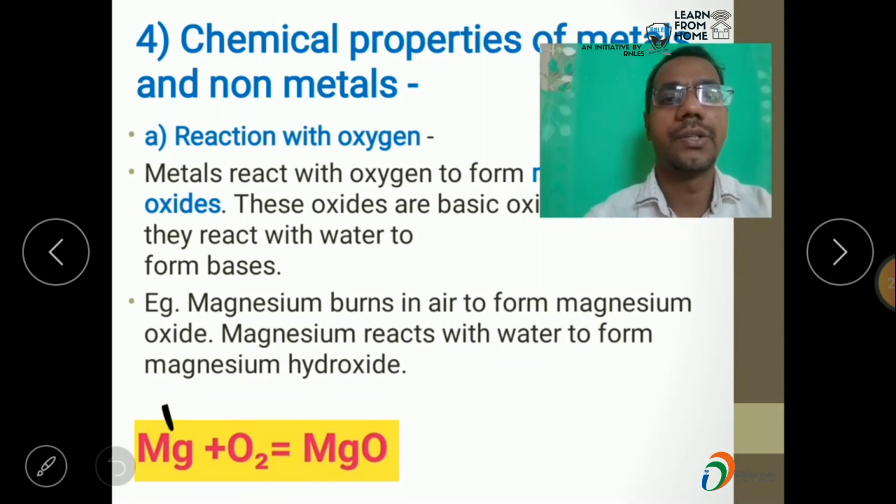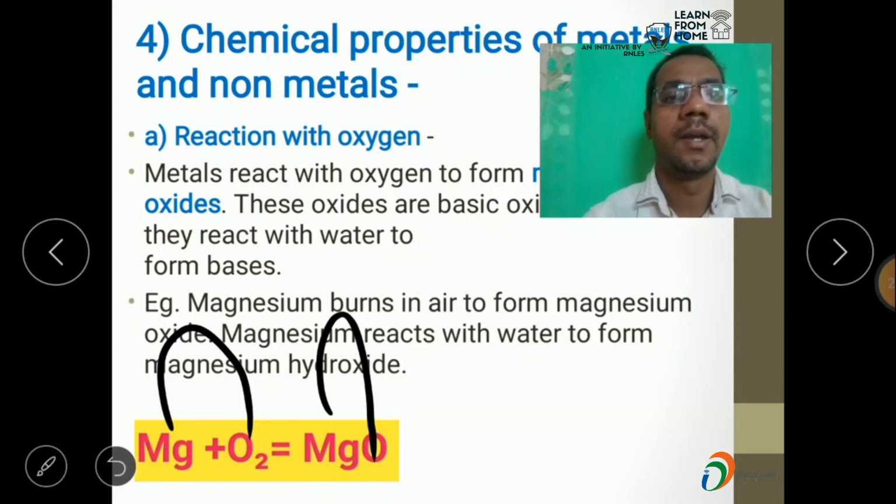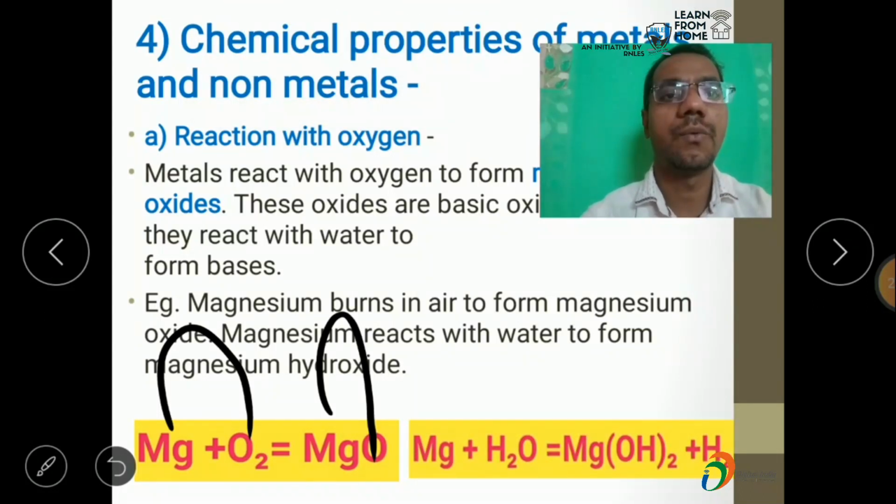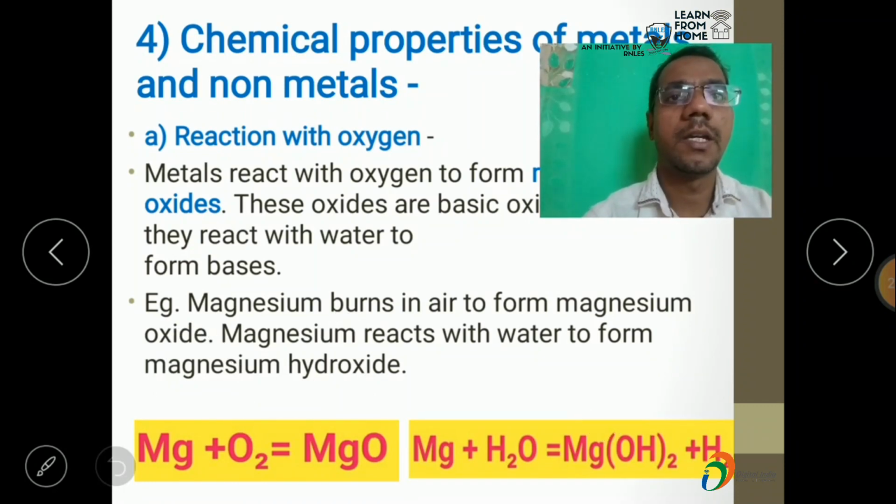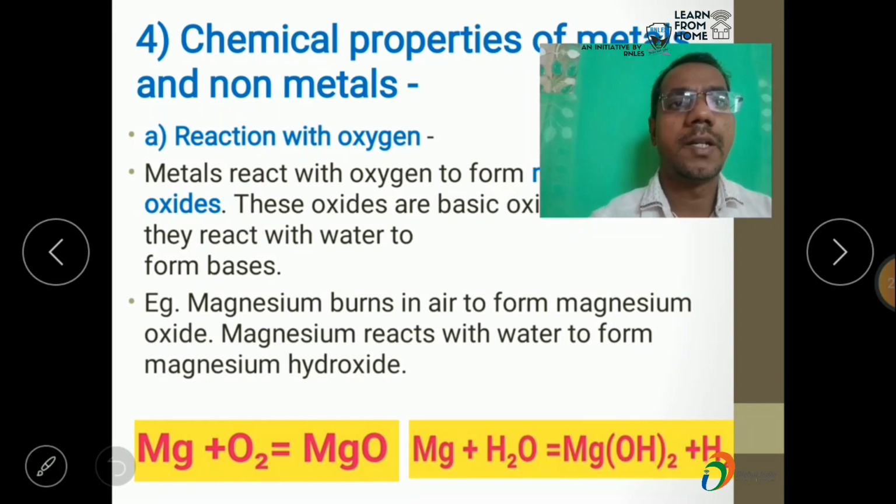When magnesium combines with oxygen to form magnesium oxide, this is magnesium oxide. And this magnesium oxide reacts with water to form magnesium hydroxide plus hydrogen. Understood? So this is nothing but the chemical properties of metals and non-metals.